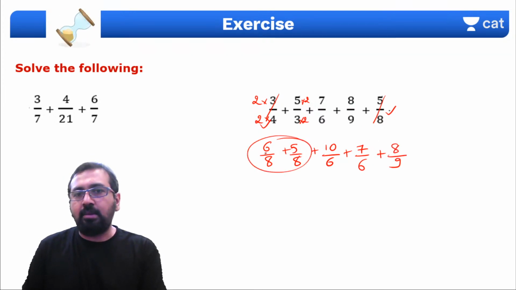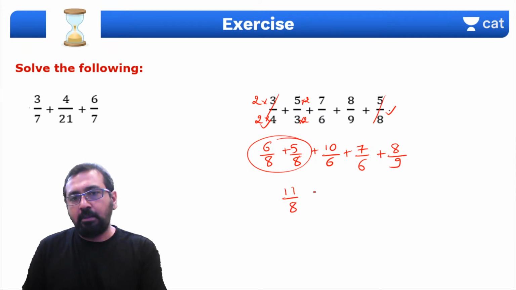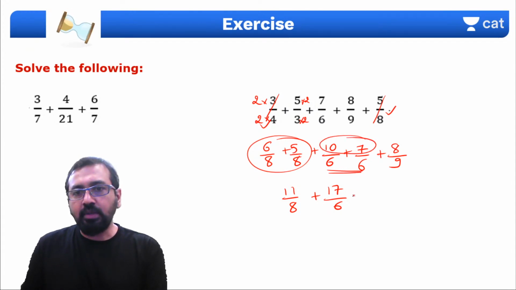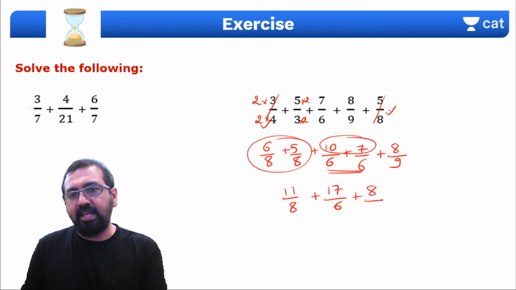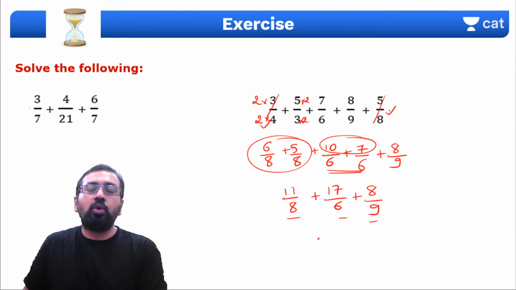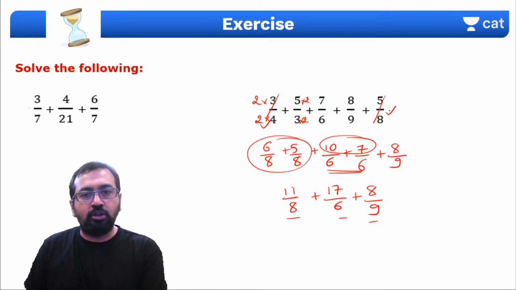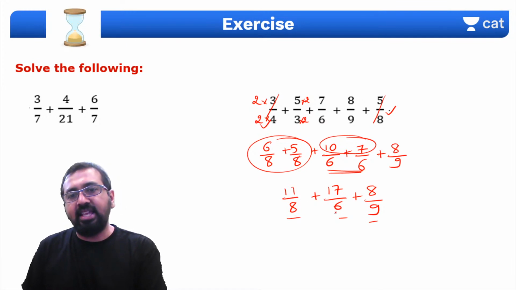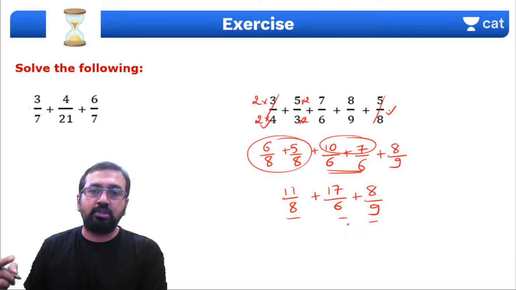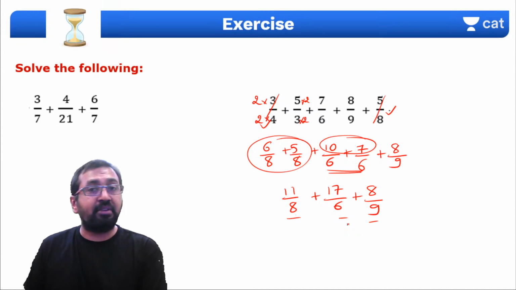Now this will come out to be 11 by 8 plus this will come out to be 17 by 6, because the denominators are equal, so I can straight away add the numerators, plus this 8 by 9 as it is. Now we'll have to take the LCM of these numbers because we can't go at this pace all the time. So it's always good to quickly understand that 8, 6 and 9, the common multiple for all these numbers is 72.